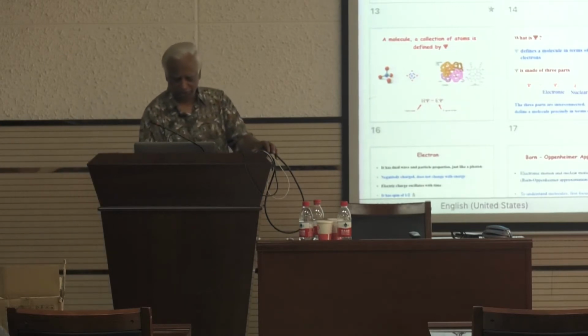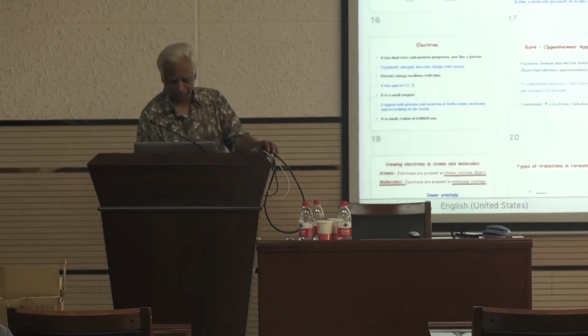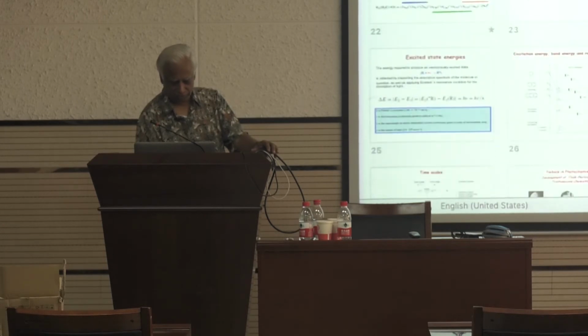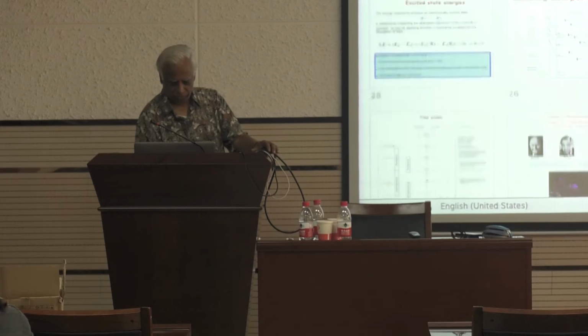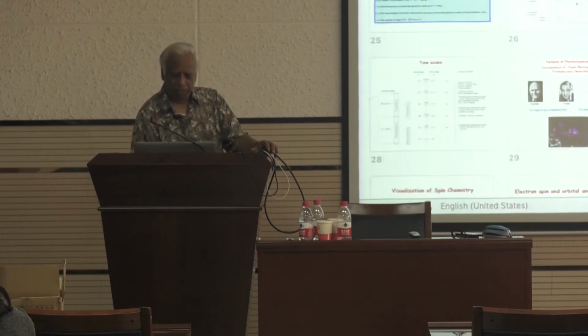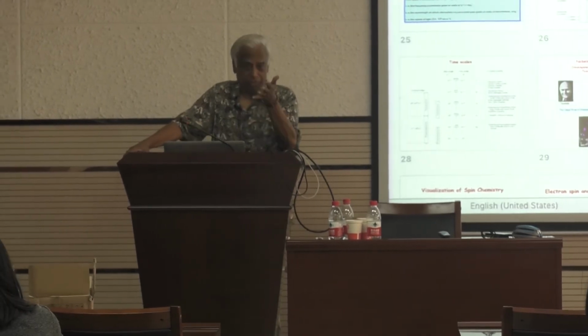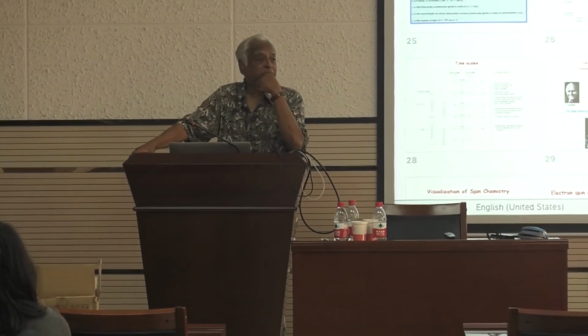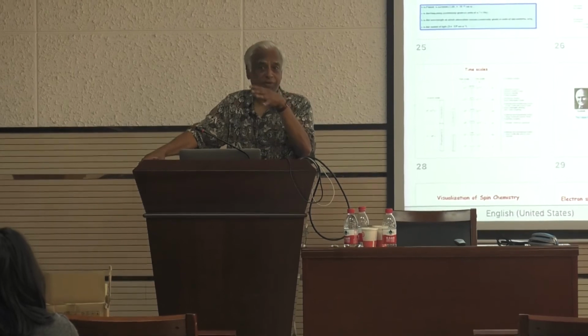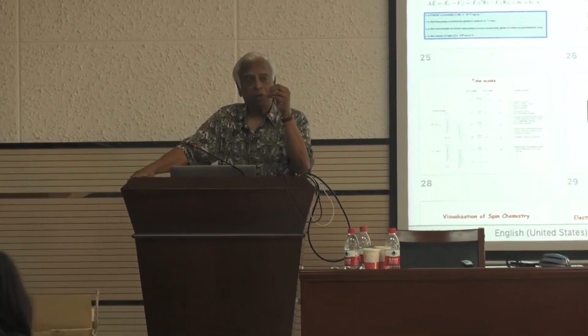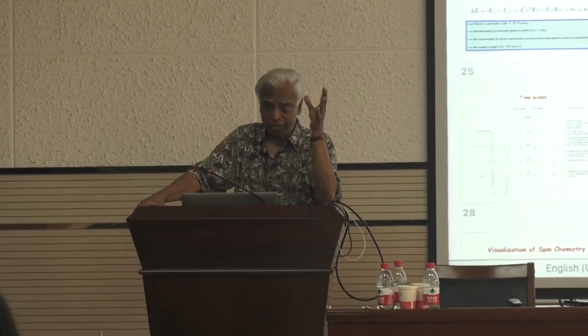Okay, so let's see what else. I already mentioned that time scales in chemistry are very important, because the lifetime, how long a molecule lives in the excited state, or how fast it reacts, is controlled by the time scale.